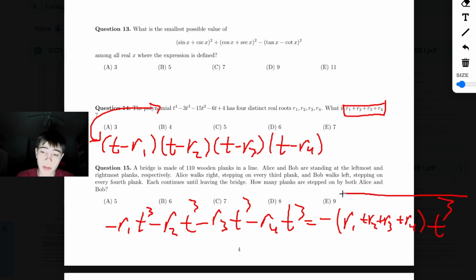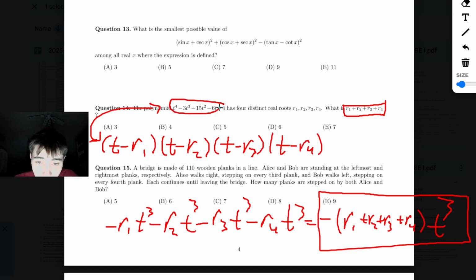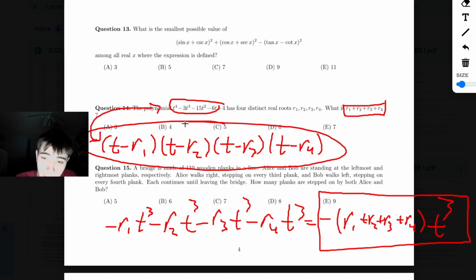And notice that it's attached to a t cubed term, right? So remember, we can match these up because they're exactly the same thing, because it's saying that these are the four roots, right? So we're allowed to write it like this. They mean the same thing. This is our t cubed term, but so is negative 3t cubed.